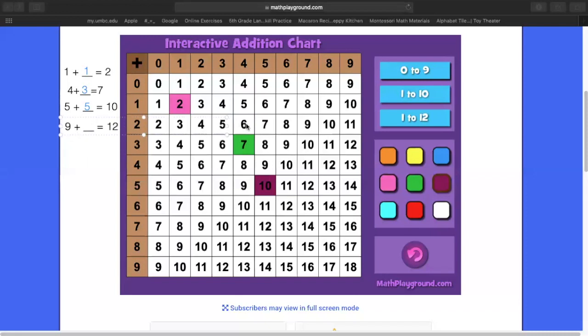All right, I'm going to start this one, but I'm not going to tell you the answer. I'm going to ask a friend to tell me the answer. 9 plus something equals 12.